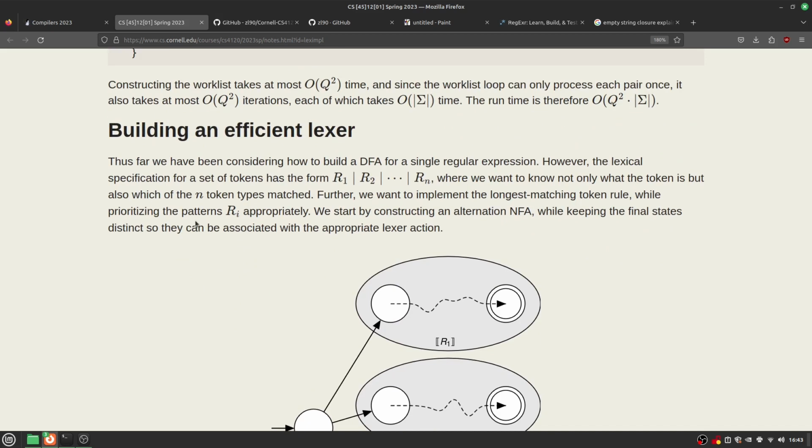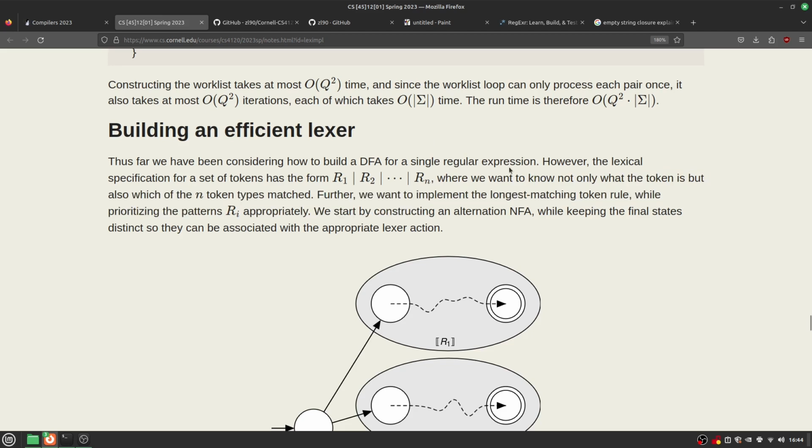Thus far, we've been considering how to build a DFA for a single regular expression. However, the lexical specification for a set of tokens has the form regular expression 1, regular expression 2, up to regular expression n, where we want to know not only what the token is, but also which of the n token types matched.